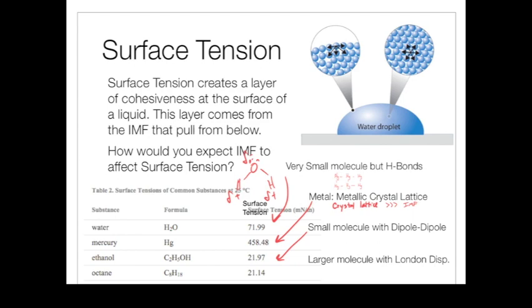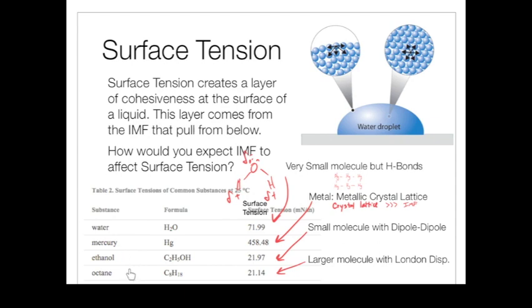Now the next one is octane, which is a large molecule, but it's non-polar, so it only has London dispersion. It's much larger than ethanol, but its surface tension is an equal strength to that of ethanol.